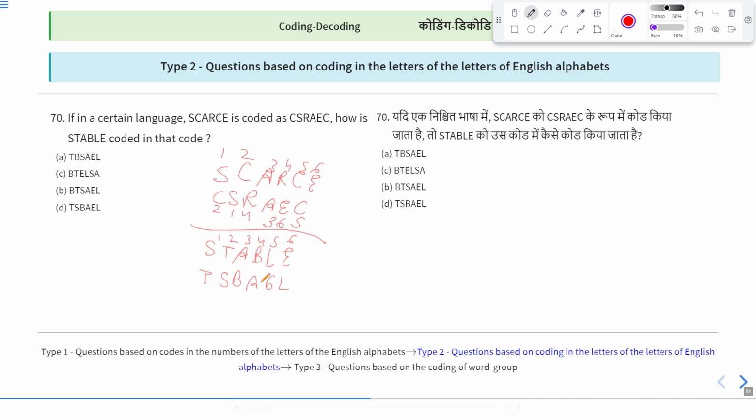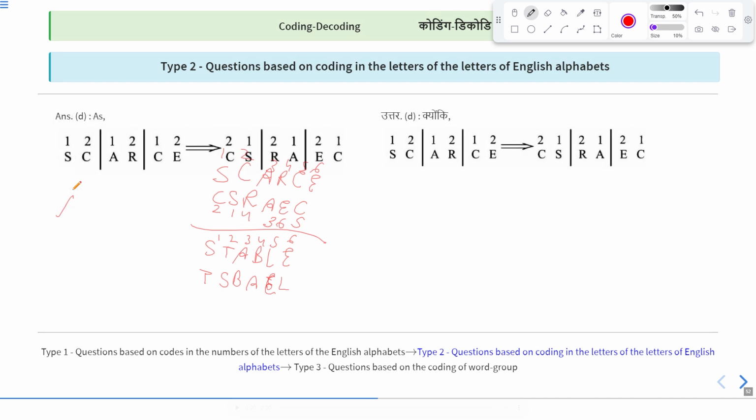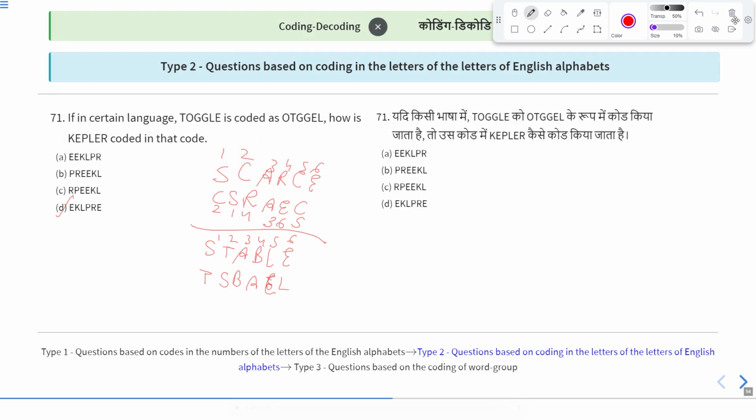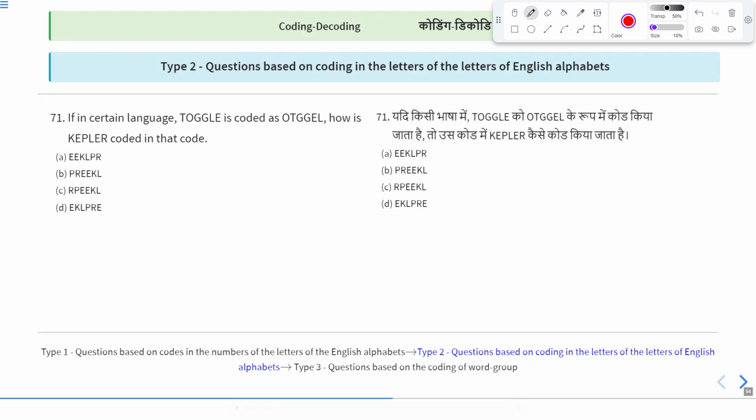T S B A, E L I A E L, T. Toggle. Again, we seem to have two letter pairs which are being swapped.